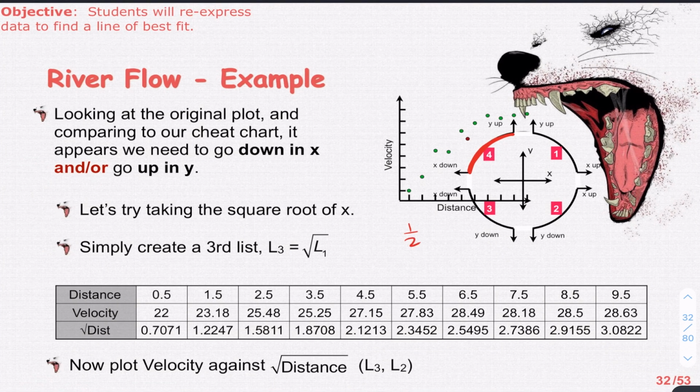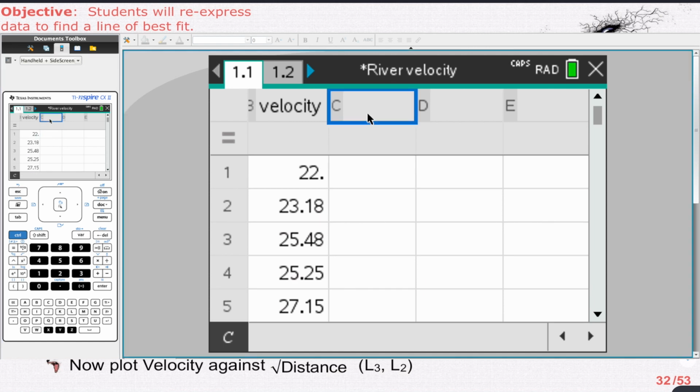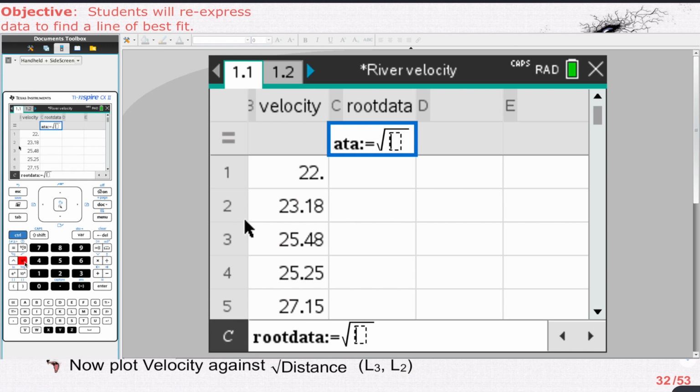So what we are going to do, and this is new, is I'm going to go back over here. I'm going to say root data. And what I'm going to be able to do is under this equals line, I can start typing in a formula. So what I'm going to say is control x squared, and then I'm going to type in my variable.